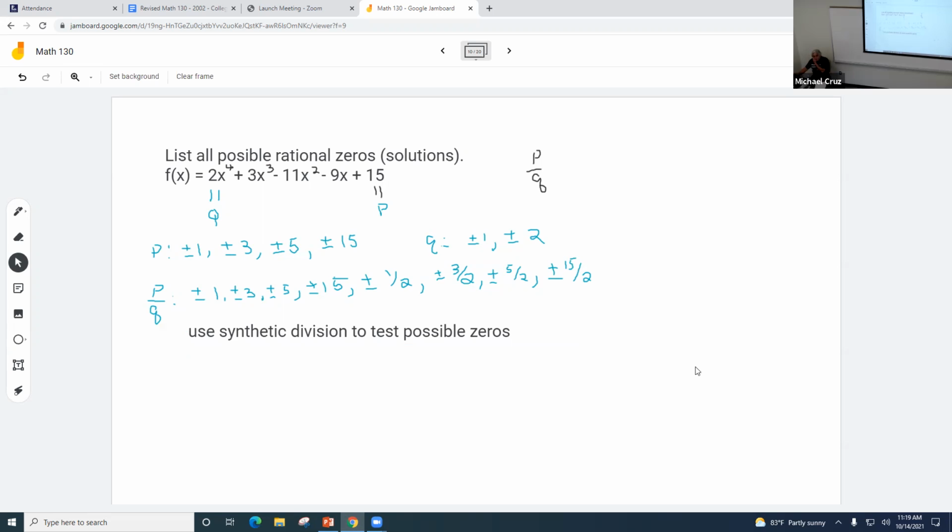Now that's a lot of them, but we just have to give it a try. All right, so I'm just going to try 1 first. And remember, you've got to make sure they're all sequential and that none are missing.